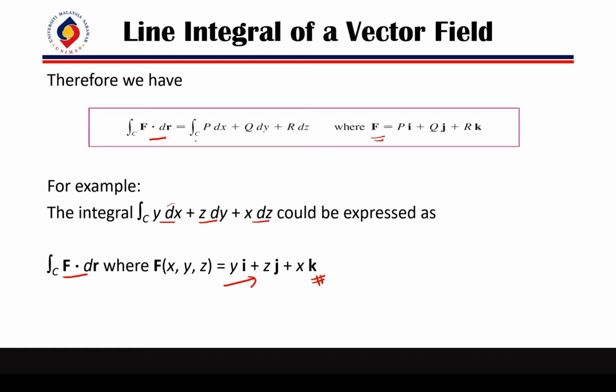This one is dx, so y i here is equal to P. z j here is equal to Q. R here is x dz. This is the way we express P, Q, R in this formula.